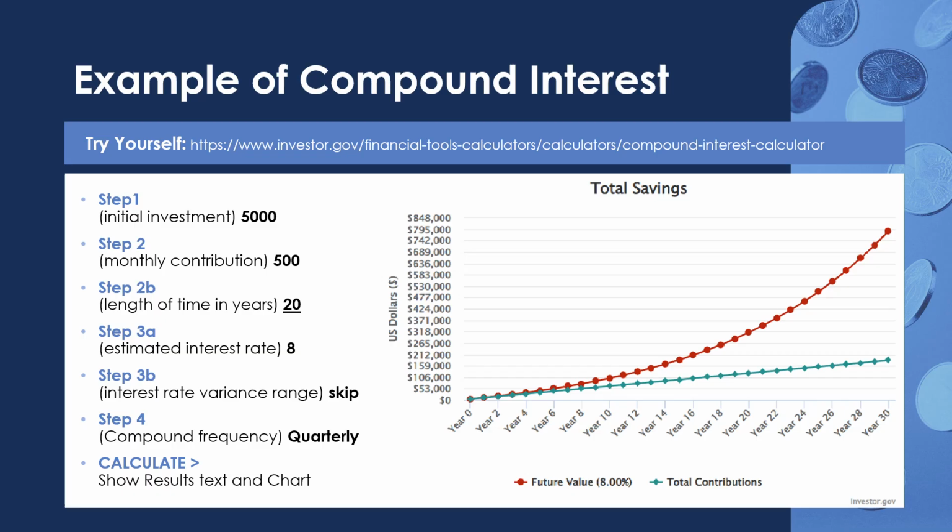Once we enter these values into the calculator and select Calculate, we'll see how much the investment has grown after 20 years. This example is intended for someone who may be in their 40s. Although you don't have as much time as someone in their 20s, compound interest can still produce impressive results. While time is certainly on the side of a younger investor, it's never too late to begin. Let's take a look at the results.